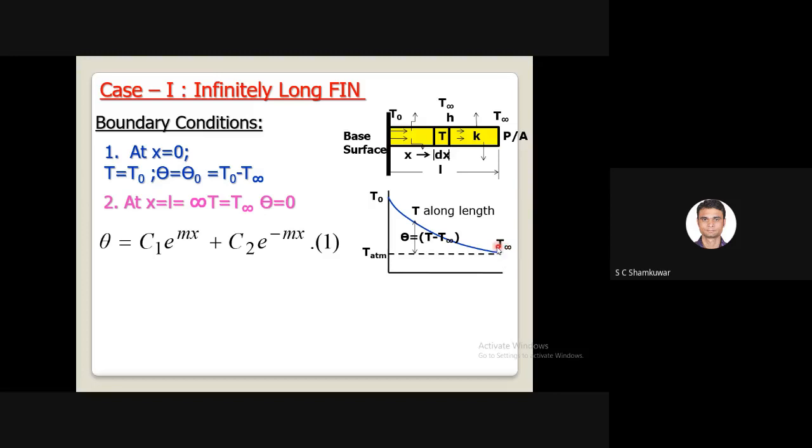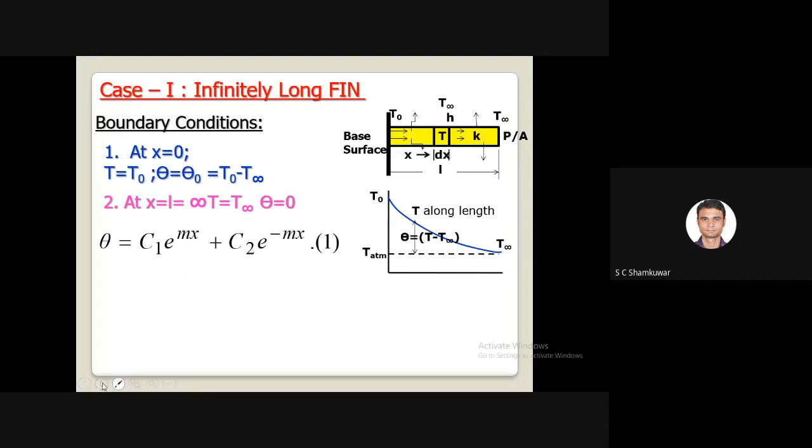Means at this point where length is infinity, the temperature theta will be 0. So now we need to apply these two boundary conditions.